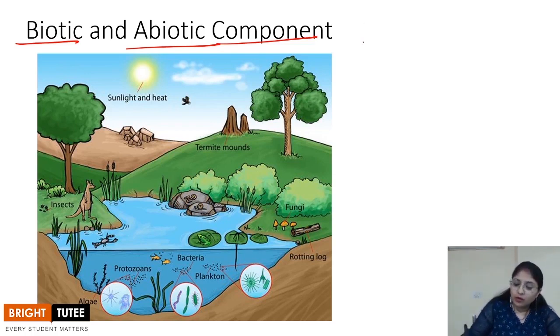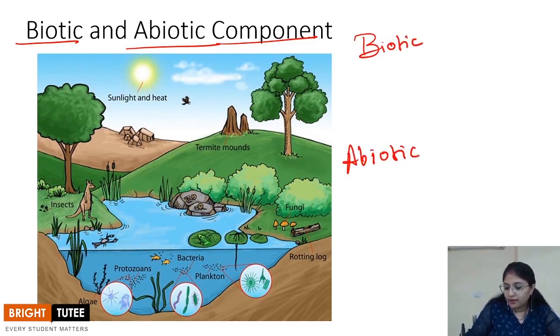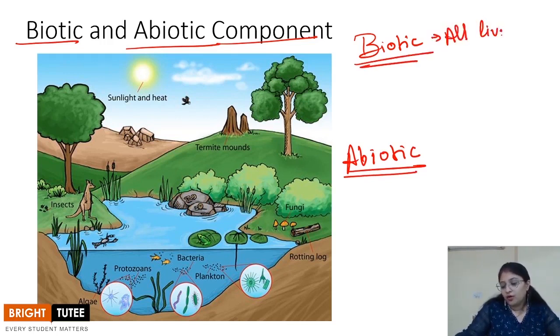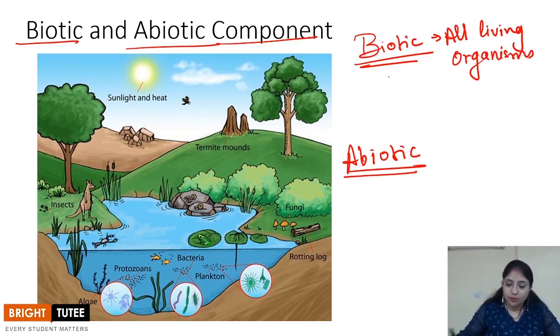Let's understand what are the biotic components and what are the abiotic components. First of all, all living organisms are your biotic components. These include animals and plants both.